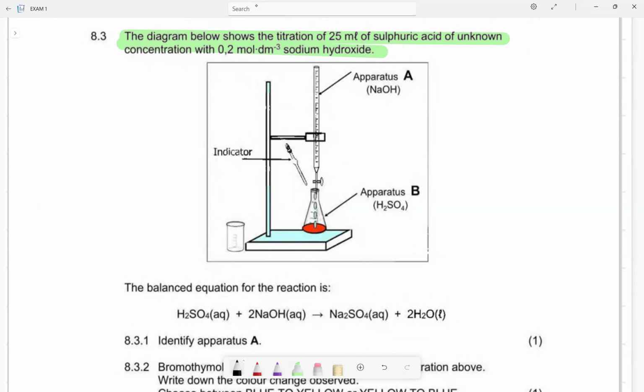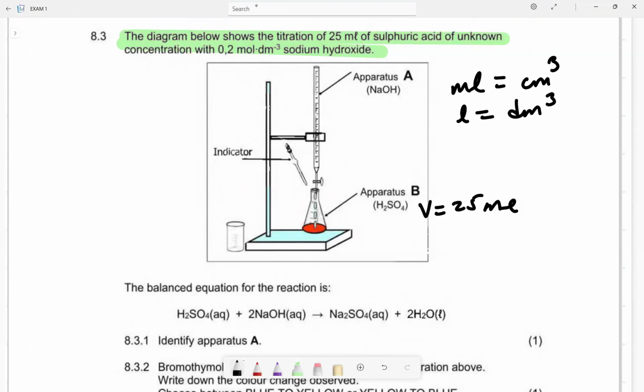Here is the 25 milliliter cubed of sulfuric acid. Remember, milliliter cubed is equivalent to centimeter cubed, and liter is equivalent to decimeter cubed.